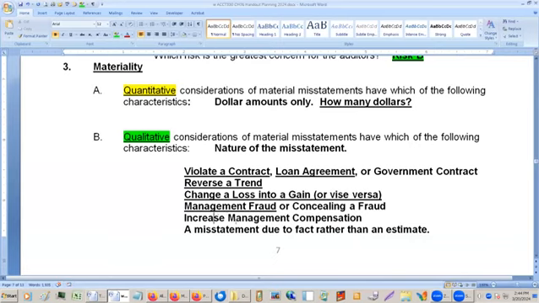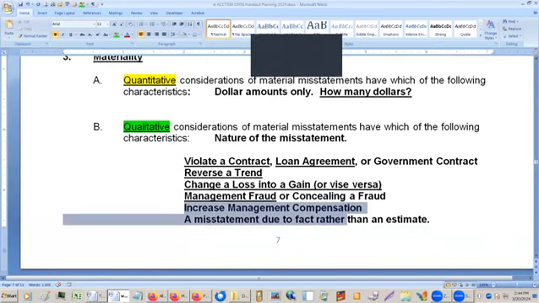So anytime upper management's involved in anything like fraud, it becomes material, even if the dollar amount maybe isn't. $10,000, shipping supervisor, $10,000, not material. Chief financial officer, $10,000, material. So who's doing it makes a difference. Increased management compensation.